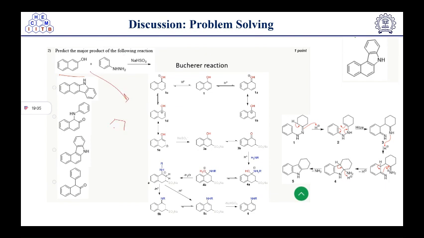So from naphthol, we will get naphthylamine, right? After getting this naphthylamine, now we will look at the other mechanism. How will the other mechanism take place here? Anyone? You can think about it.